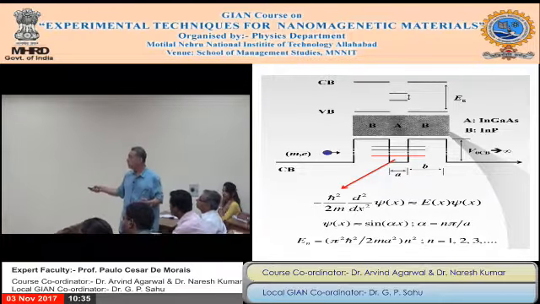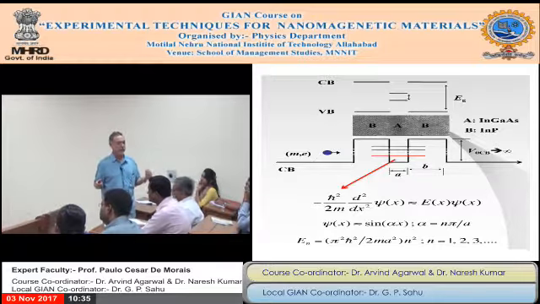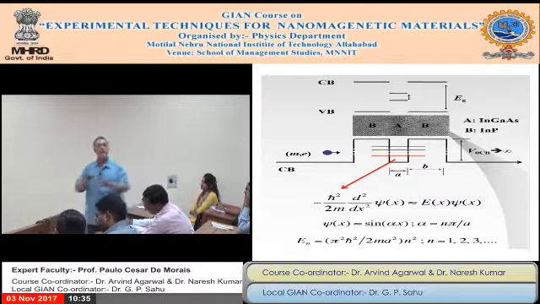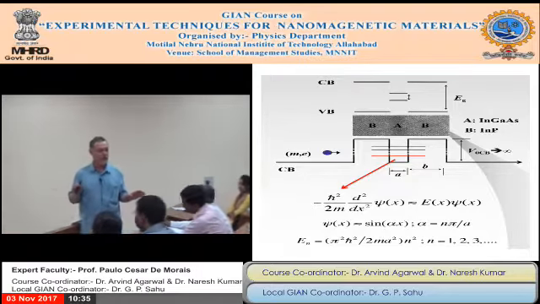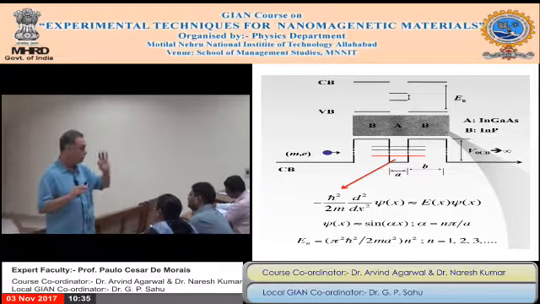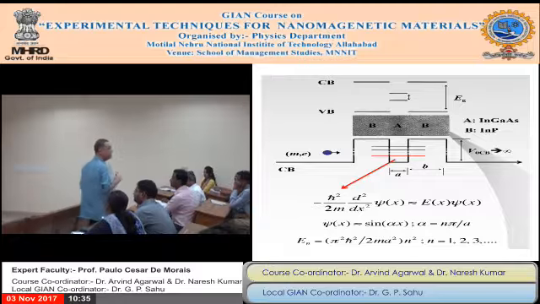And we can describe this particle using a very important concept called effective mass. This is an amazing concept. Effective mass says an electron in free space has the free electron mass.